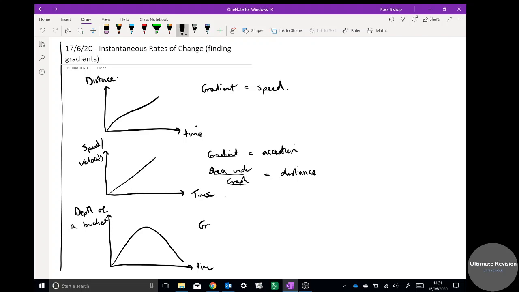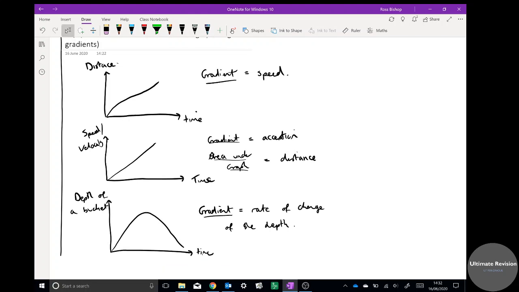But the gradient here, if you worked out the gradient at any point, would be what we call the rate of change of the depth. That's just the terminology. And this lesson is all about working out gradients at a specific point. So those are the three bits of information we need to know before we start. So just get those down.